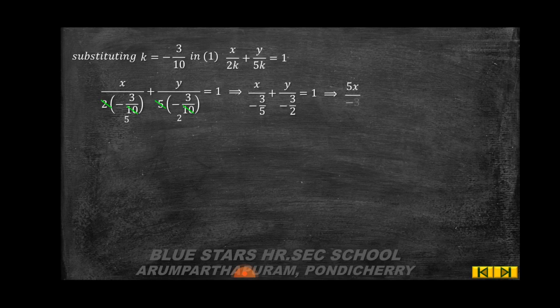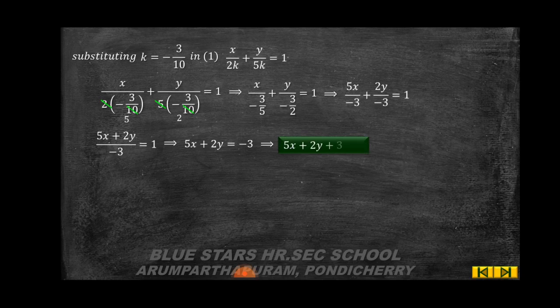Which implies we are taking 5 to the numerator. So 5x by minus 3 plus 2y by minus 3 is equal to 1. 5x plus 2y divided by minus 3, because denominator is same. Then the next step is 5x plus 2y is equal to minus 3, which implies the equation is 5x plus 2y plus 3 is equal to 0. So this is the equation of the straight line.